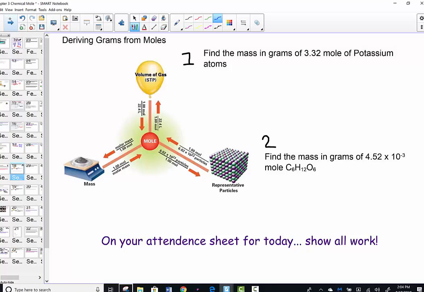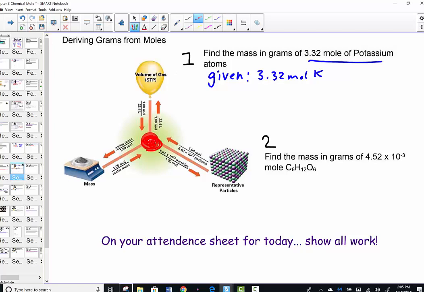The first one says, find the mass in grams of 3.32 moles of potassium oxide. The unit that we are given is the mole unit of potassium. The given quantity is 3.32 moles of potassium. That places me here in the center of the mole map.